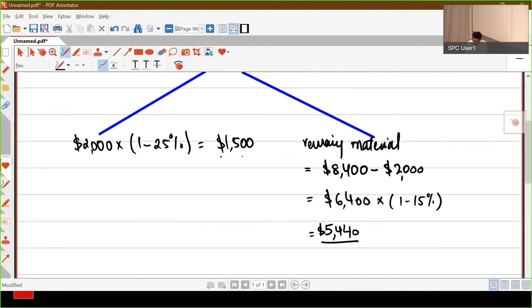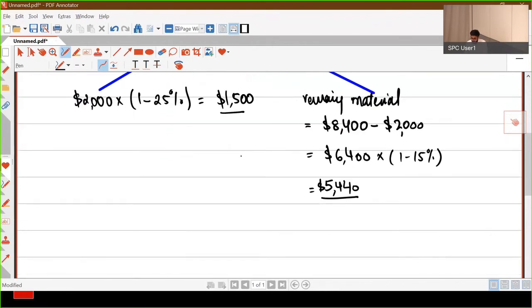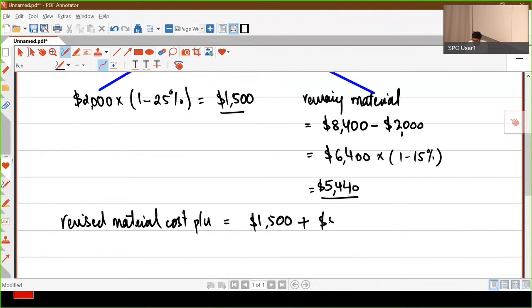So for the remainder, the cost is 5,440. And for the earlier material, we already did the calculation of a specific type where we can buy the material at 25% lower than the given price, that is 1500. So the revised material cost per unit should be 1500 plus 5440, and this will give you a total of 6940.